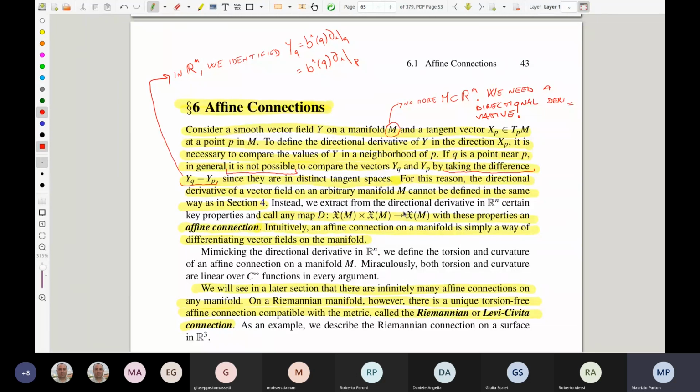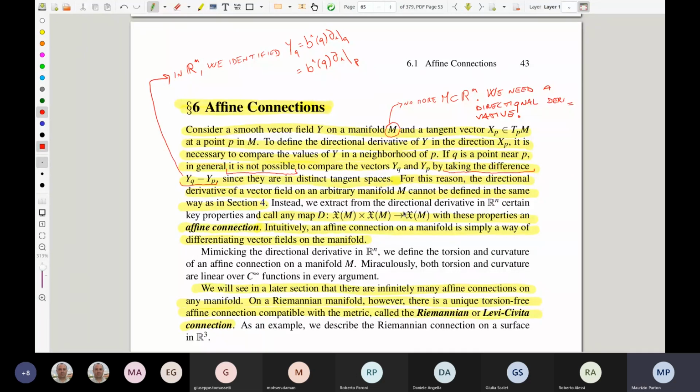Is there any standard canonical way of taking one vector in a tangent space and transporting this vector to another tangent space? Can I connect two different tangent spaces? The answer is no. There is not a standard way for a general manifold.